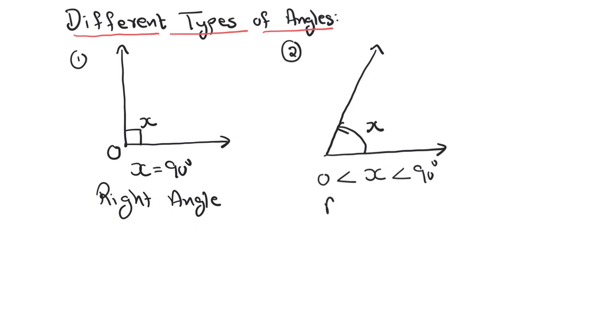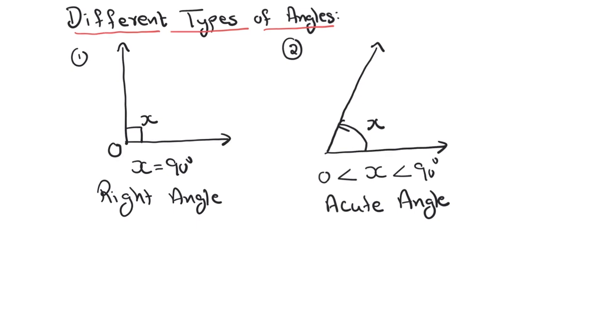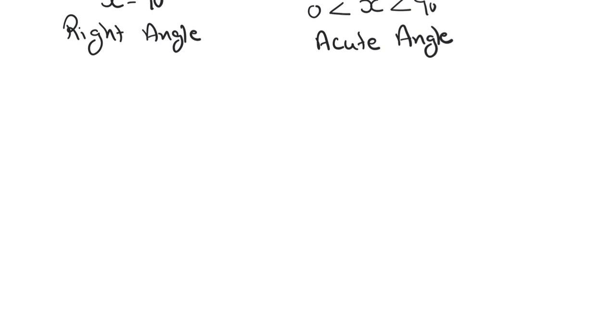So any angle that is less than 90 degrees, but greater than 0 degrees, is called an acute angle.